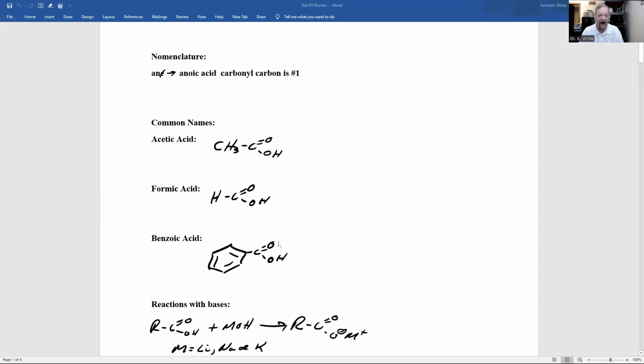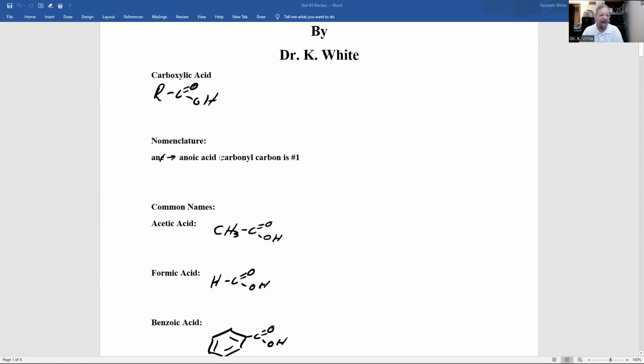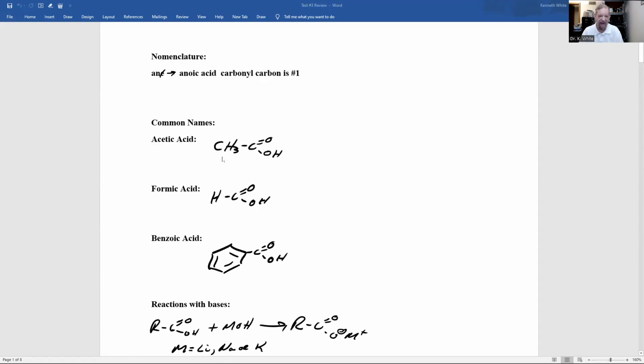Now, there are a couple of common names I would like you to know. First of all, when R is a methyl group in a carboxylic acid, it's acetic acid.